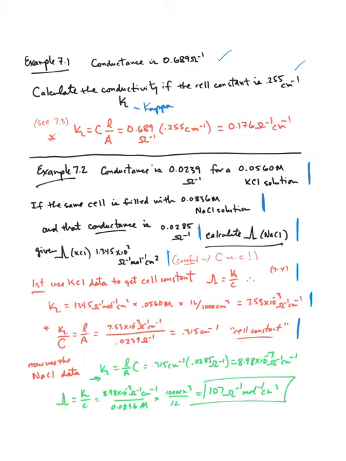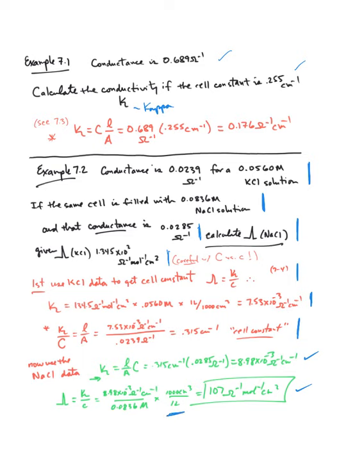Now that you know the cell constant, you can apply the characteristics of that cell to the new solution, which is sodium chloride. So I go back to my kappa equation, and I solve for it in the sodium chloride solution, and then the molar conductivity, I get a value of 107 inverse ohms, inverse moles, centimeters squared.